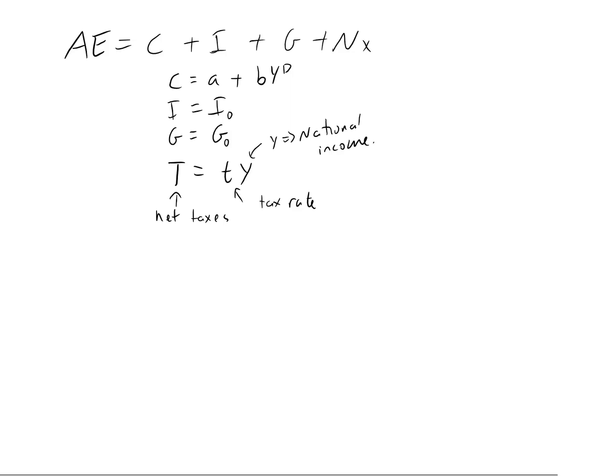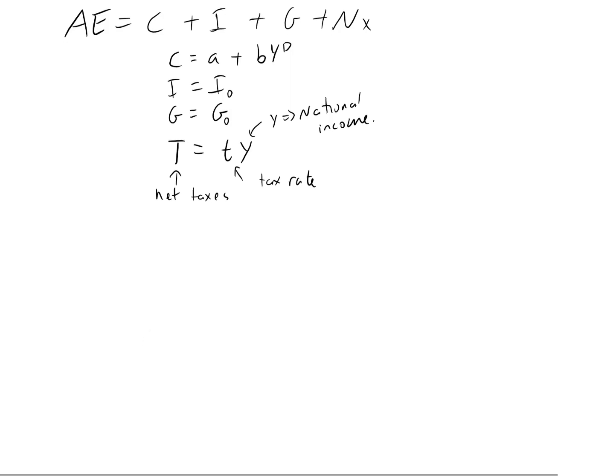How taxes are going to work their way into the model is that disposable income, if we remember, is after-tax income. So think about YD being equal to national income minus your taxes. Now disposable income in our society is Y minus little t times Y, using the identity we just came up with.